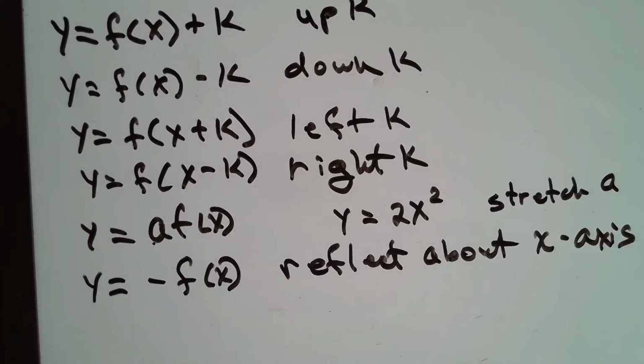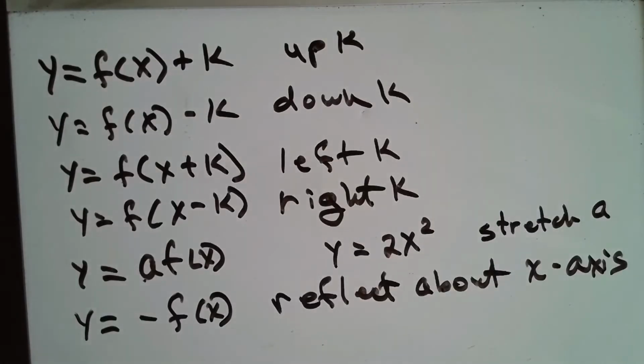Okay, so let's take a look at our review sheet. So this made it shift to the right. You have to look at which parent graph we are talking about here. It has an endpoint, and it goes up and to the right. So what is that?